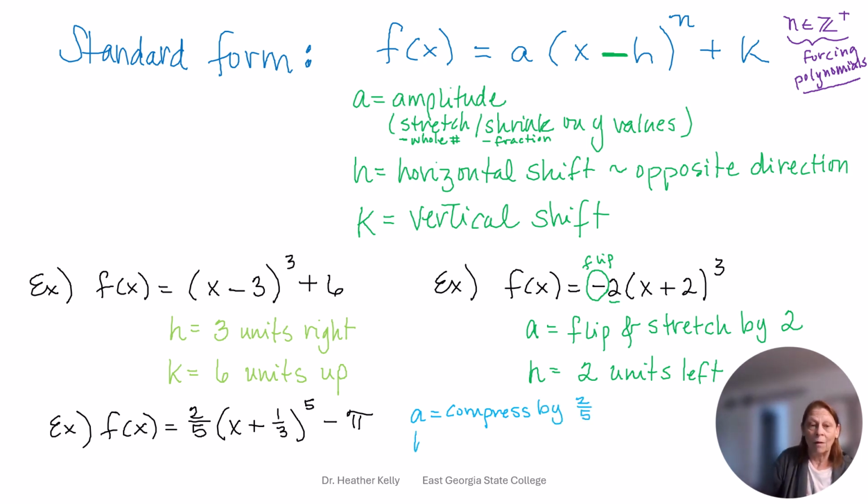Okay. Our horizontal shift is going to be 1/3 unit left, because it's a plus, and we do the opposite. And finally, our vertical shift is pi units down.